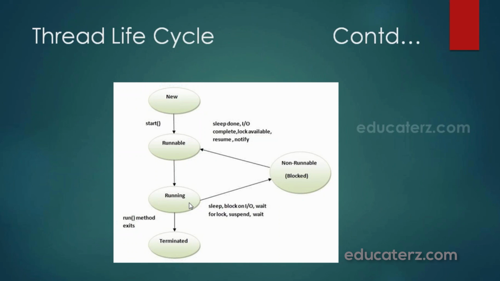Then if it is blocked for some IO or for sleep or wait, it enters the blocked state or non-runnable state. After sleep is done, that is after a specified amount of time has elapsed, it enters the runnable state. And finally, when the run method exits, the thread enters the terminated state. This is the thread life cycle.